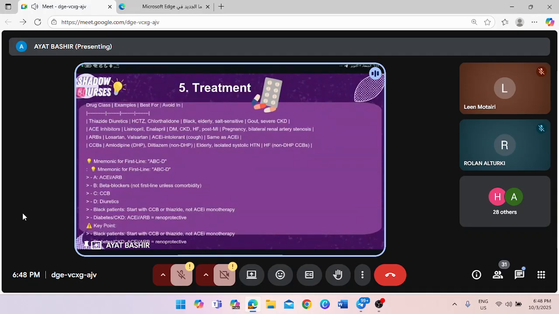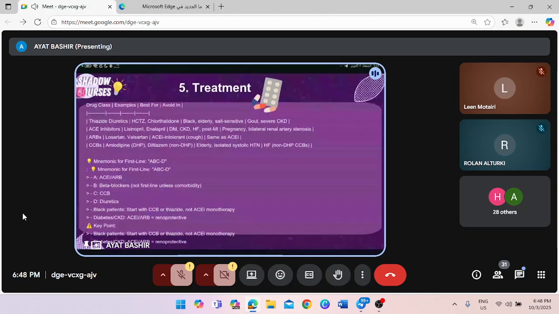If there is any patient who cannot tolerate the ACE inhibitor, we will use the ARBs, and they will be avoided as in ACE. Then we have the calcium channel blocker, amlodipine, and it's used for elderly patients and isolated systolic hypertension also, but I can't use it in heart failure. Okay.